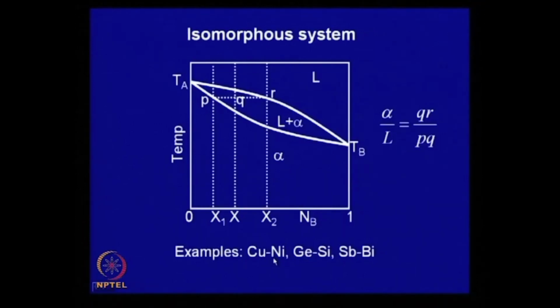The same will be valid for germanium, silicon, antimony and bismuth, and for you to check up what the crystal structures and lattice parameters of these cases are. They also exhibit similar isomorphous behavior, at least until solidification is complete, and will exhibit this type of phase diagram.